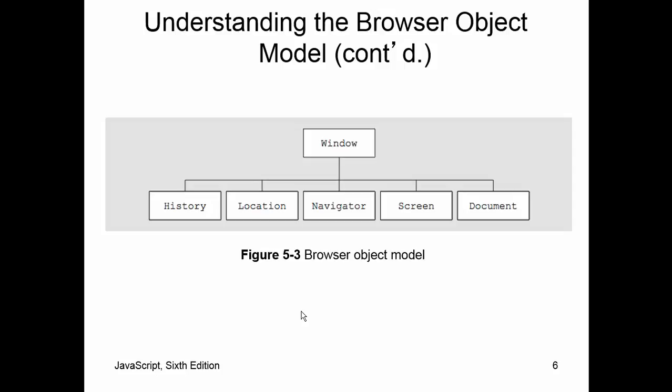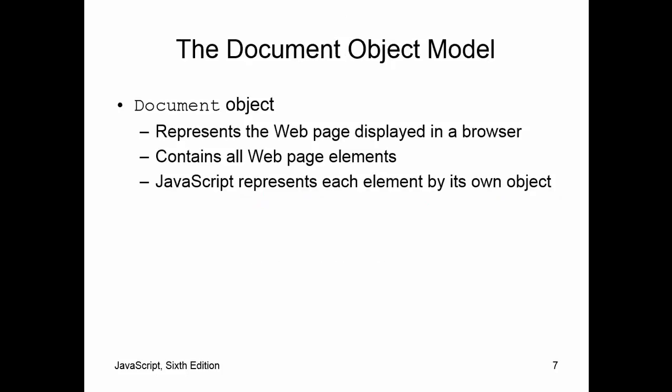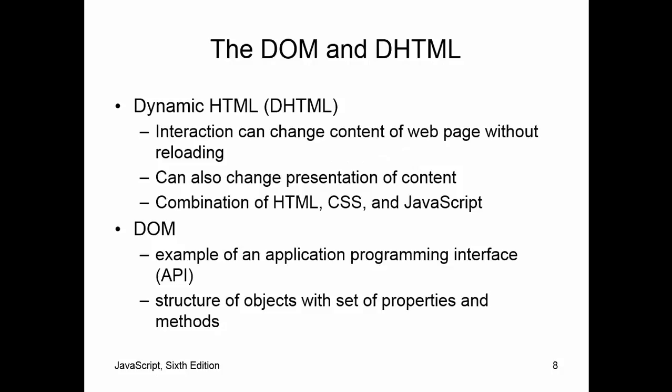Screen is literally the screen object, and document is something we've already looked at in more depth when we used things like document.write. So the document object represents the web page. It's got everything that's on the web page. As it says, everything that's on a web page literally gets its own object.